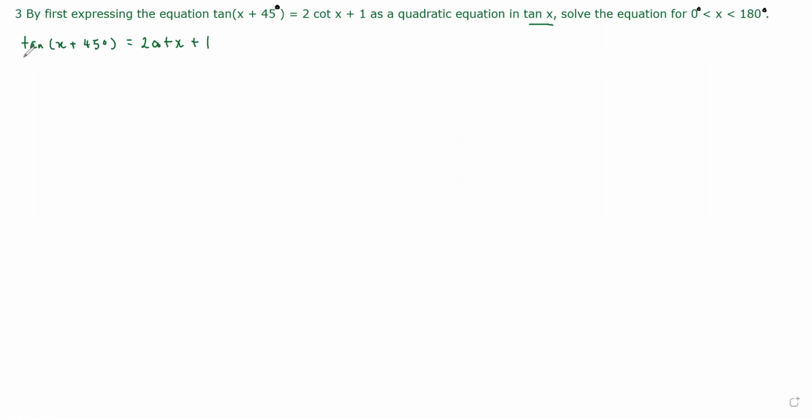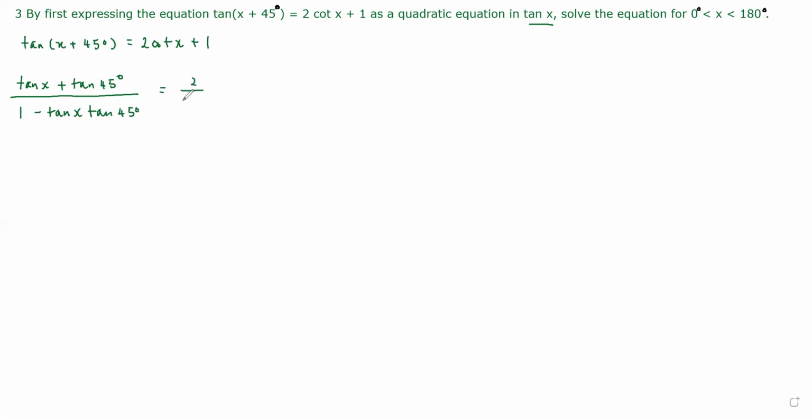The left side can be expanded using the compound angle formula for tangent. That is tangent x plus tangent 45 degrees all over 1 minus tangent x tangent 45 degrees.